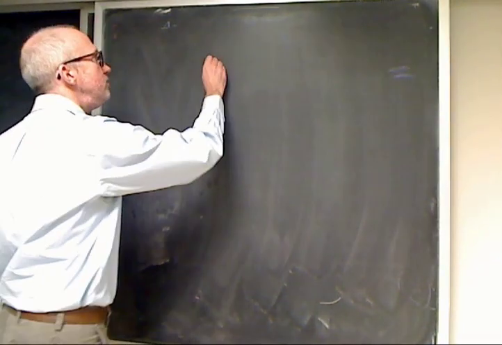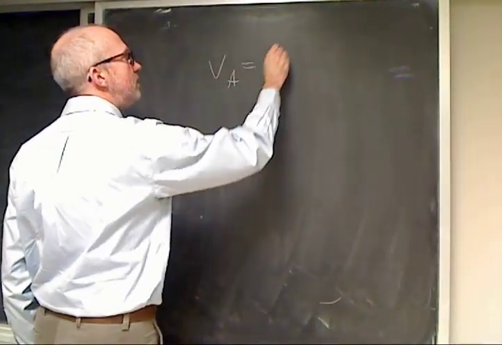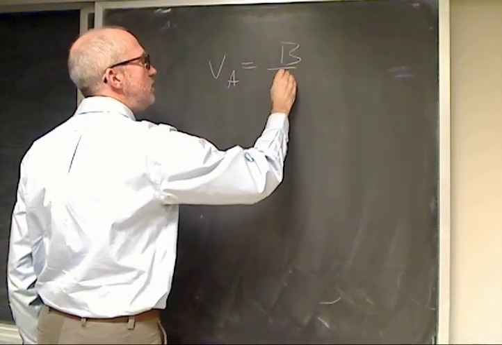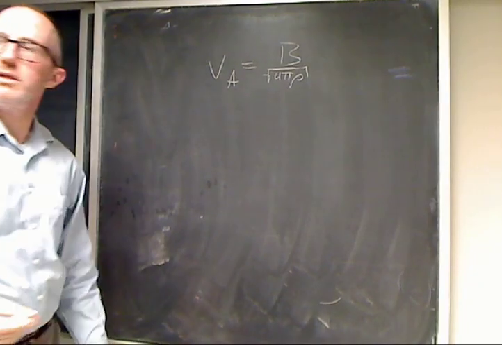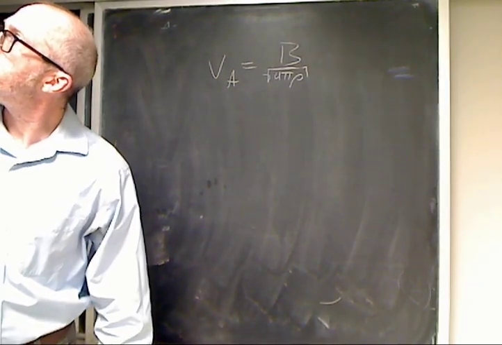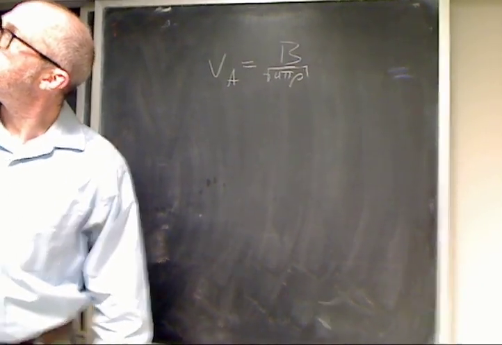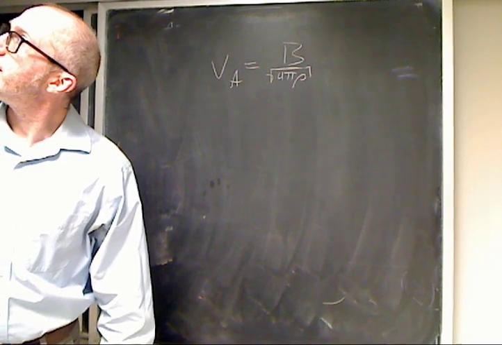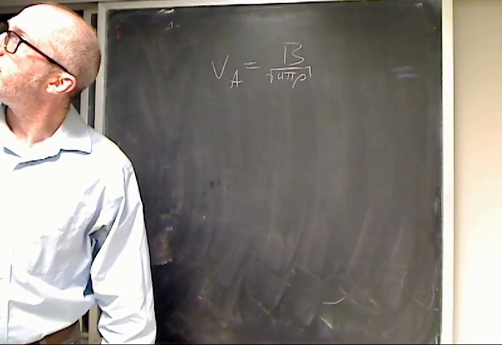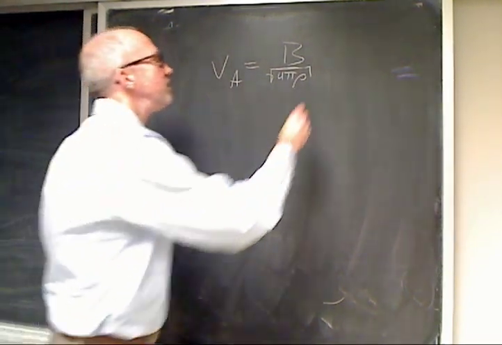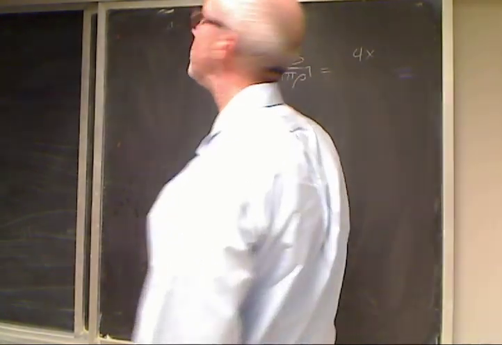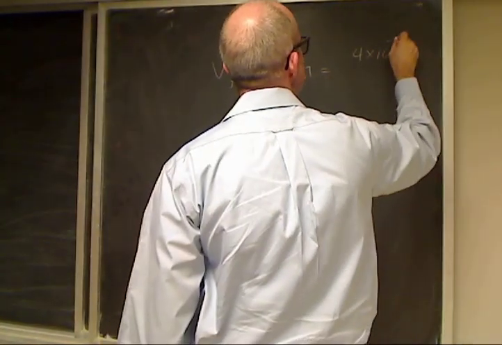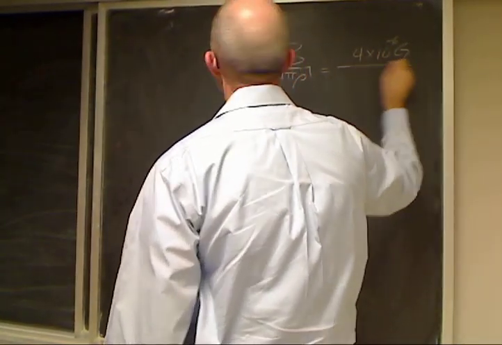So the Alfvén speed, V_A, is the square root of B squared over 4 pi rho. This is equal to, what did I say? 4 times 10 to the minus 6. 4 microgauss is 4 times 10 to the minus 6 gauss.